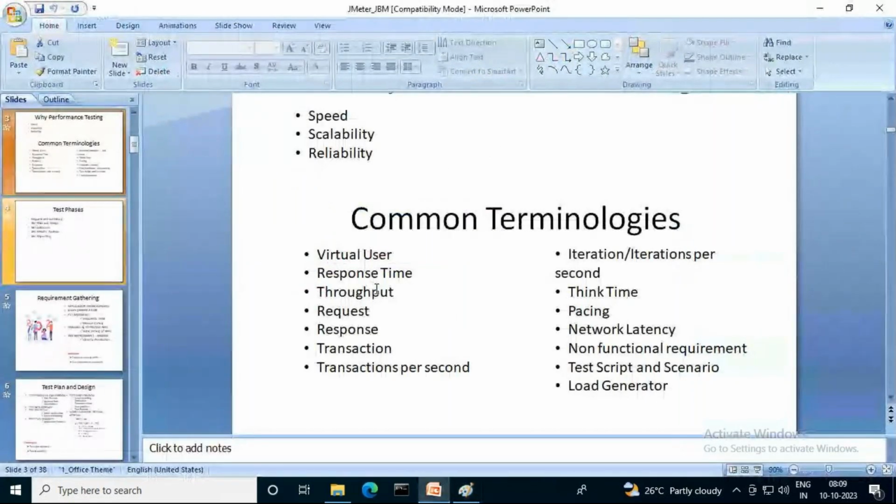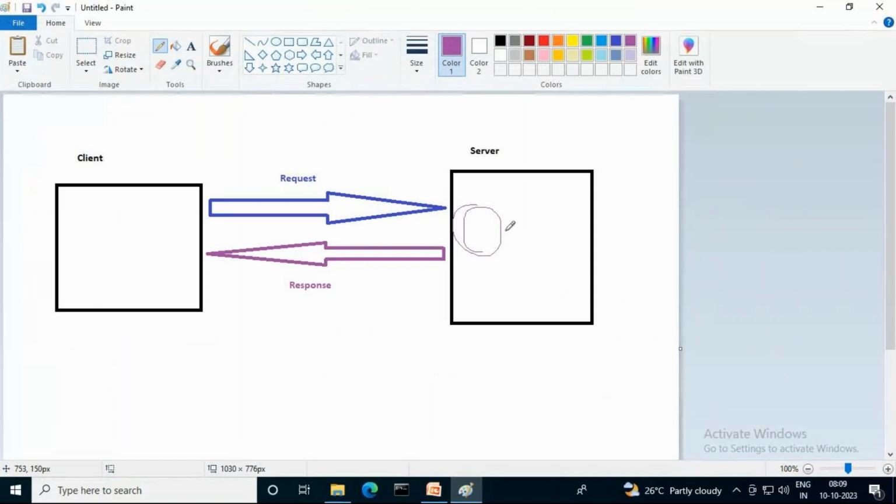Then throughput. Now what is throughput? Throughput is nothing but the efficiency of the server, whichever server you are testing. Now what is efficiency? This is one request from one user, but in production, whenever any application is getting used, there are so many users accessing the application. Concurrently or simultaneously, so many requests are originating from the client machines and going to the server machine.